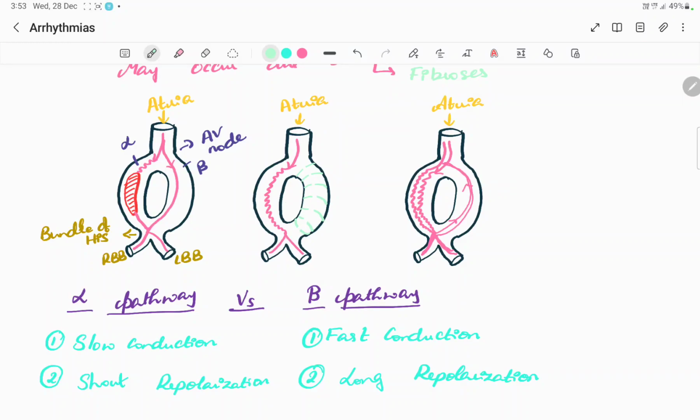So after this repolarization is ending, this current that passes through the alpha pathway, which normally goes to the right and left bundle branches, will also come back through the beta pathway, post the repolarization of the current that passed through the beta pathway. So from here it goes normally to the bundle branches. Another thing that occurs is that it comes back through the beta pathway. So this causes a re-entrant current in AVNRT.